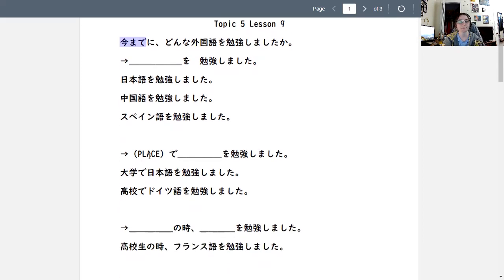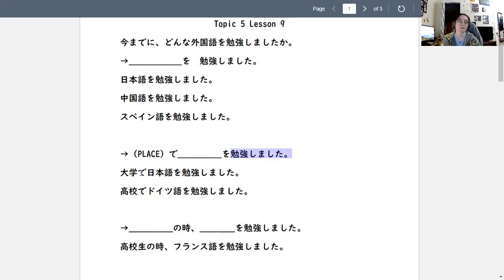This next one is place で blank を勉強しました. So at this place, I did this, is basically the structure, but in this context, you are saying that you studied this at this place.